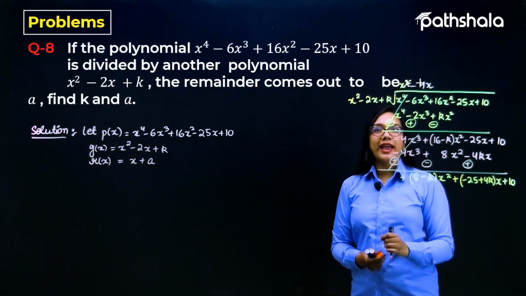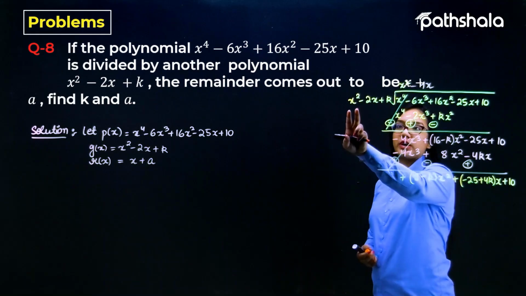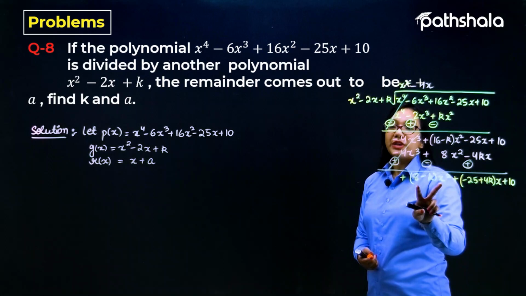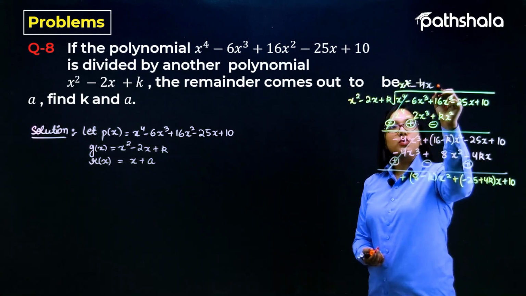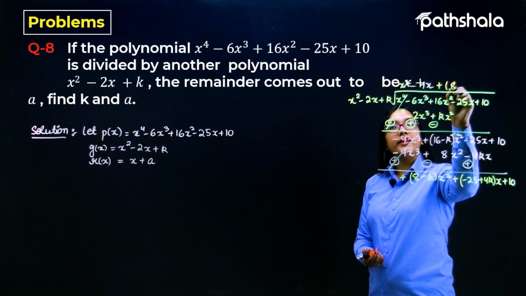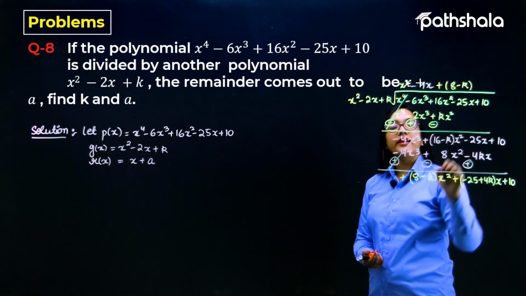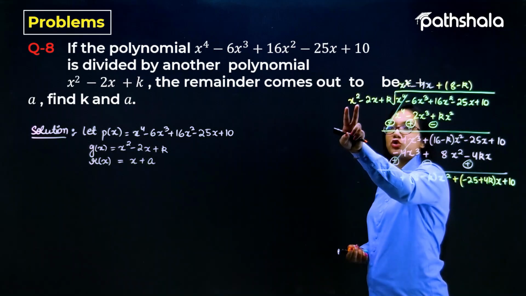Now let's again divide these two first terms, because we know that the degree is the same. It means that we can repeat the division algorithm again. So plus 8 minus k we will get when we divide both of these first two terms.